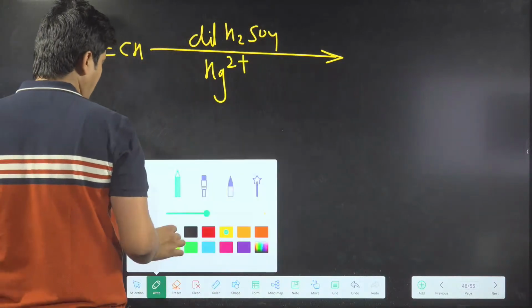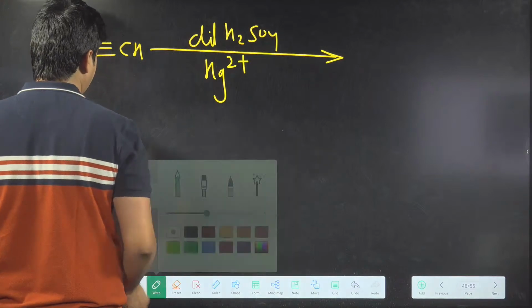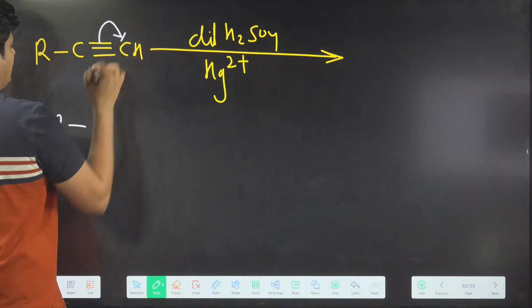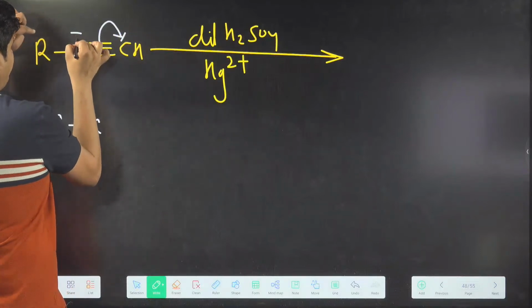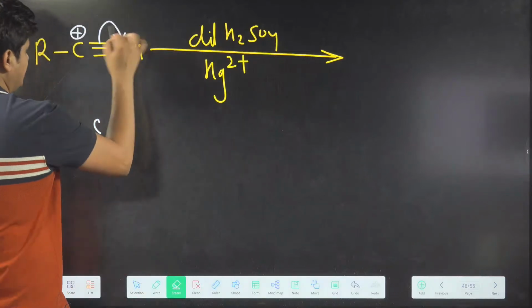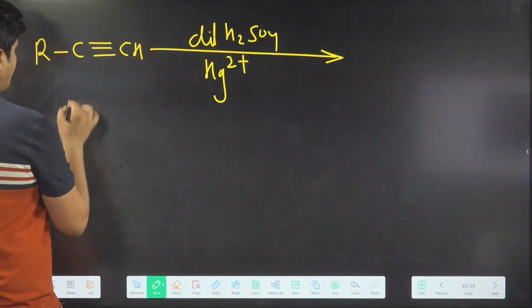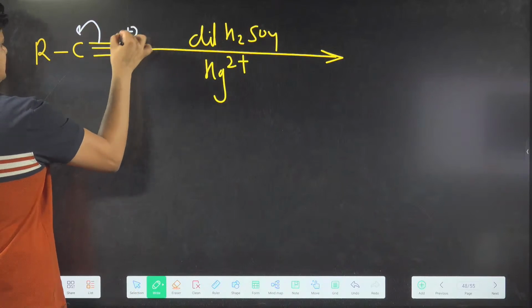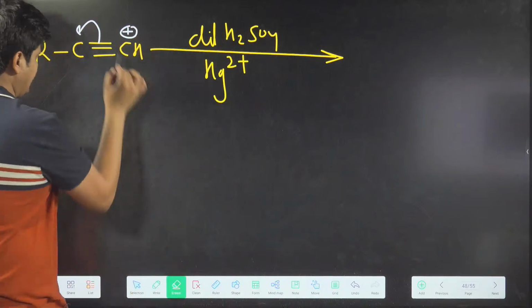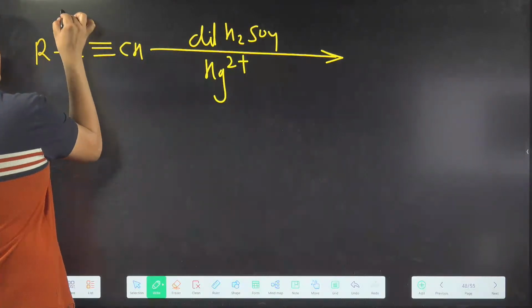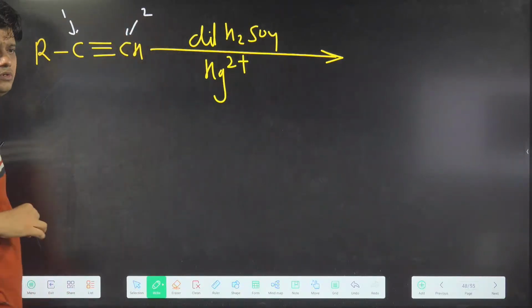Now how to find the product? Very easy to find. We can have two possibilities. If I break this bond, I will get plus on this carbon. Second possibility, if I break this double bond, I will get plus on this carbon. Now you have to think where plus is more stable, number 1 or number 2.